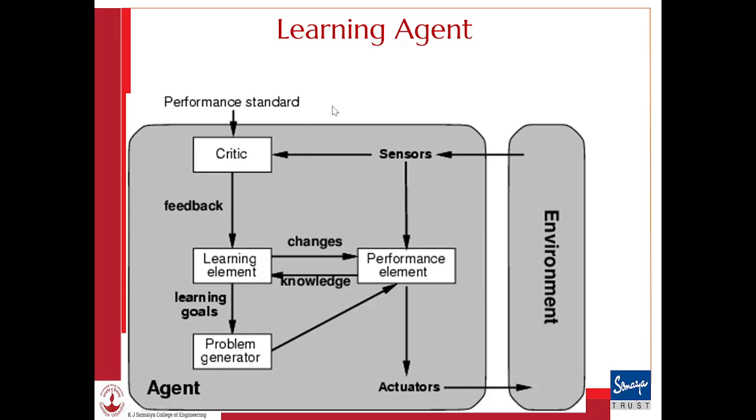Now, looking at the learning agent, as we know, the performance element is the agent architecture. In this case, it is the reflex based agent architecture, and we have to go through the contents of the problem generator, the learning element, and the different kinds of direct and indirect feedback critics that would be available for the agent.